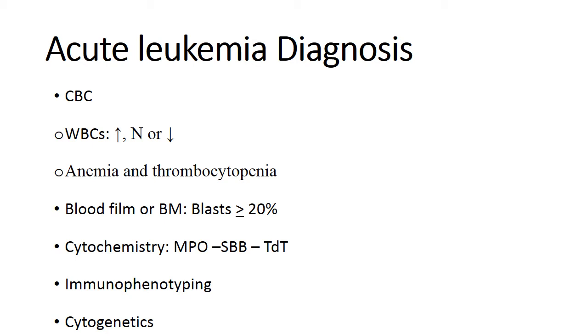Cytogenetics may aid in the diagnosis and may aid in the classification of acute leukemia, as some types of acute leukemia may be associated with some cytogenetic abnormalities.